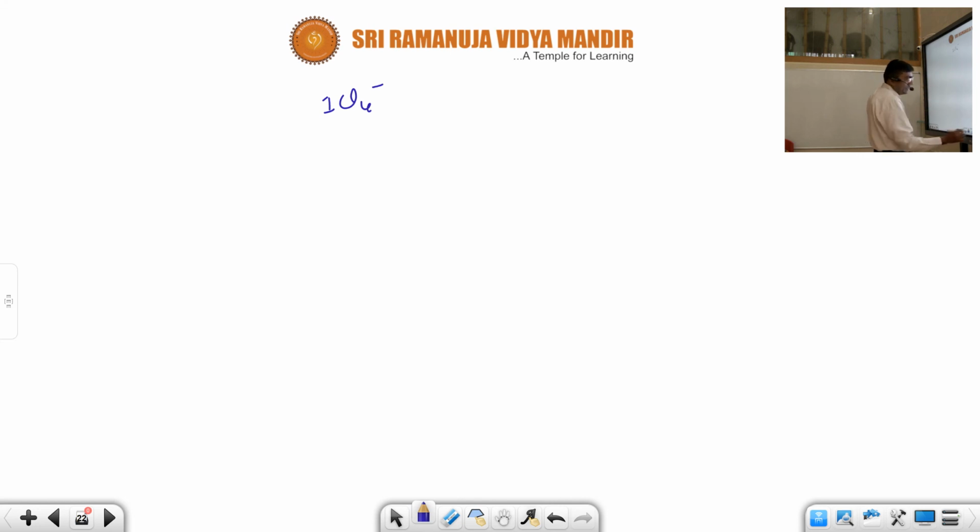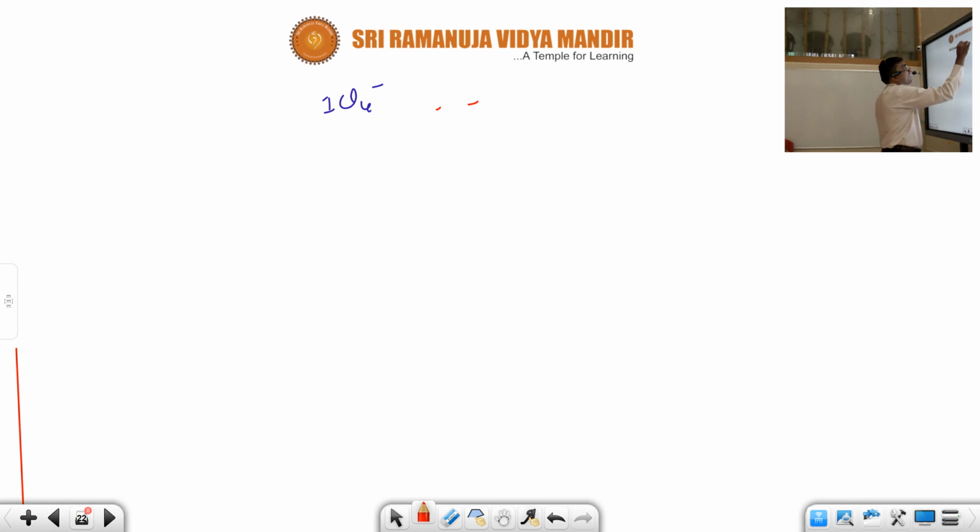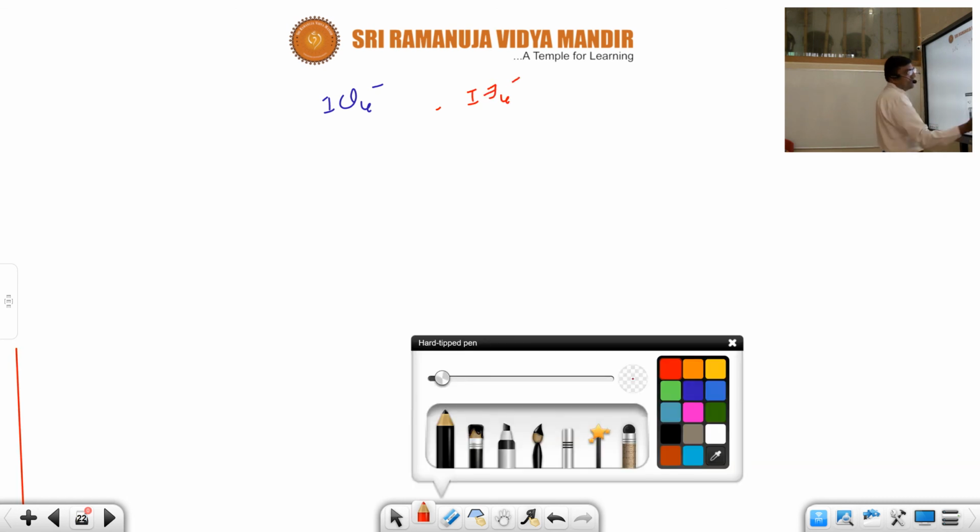ICl4 minus. You can also write IF4 minus. Both are isostructural. Students, how to solve this question? Very simple.